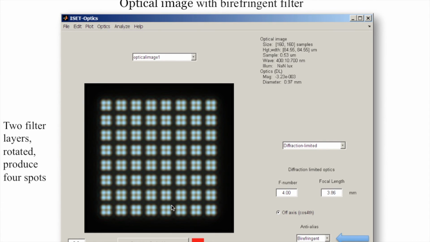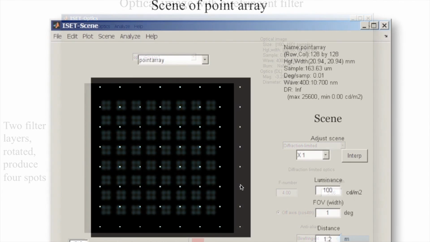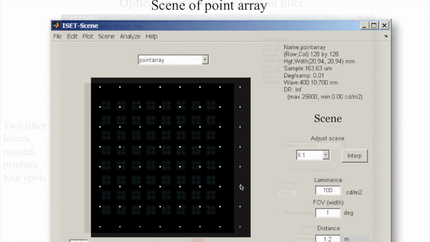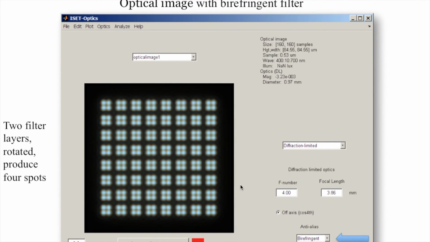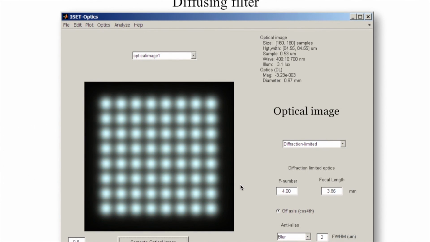And you can see why this might be interesting to people who make sensors. These are interesting because you've got a red, two greens, and a blue pixel underneath. So this pretty much guarantees that a single ray will be divided over a superpixel in a Bayer mosaic. The input was a single spot. You put it through the birefringent filter, and you get a little 2x2 like that that'll cover the 4 pixels in a sensor that's got a Bayer mosaic.